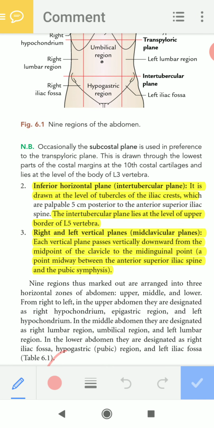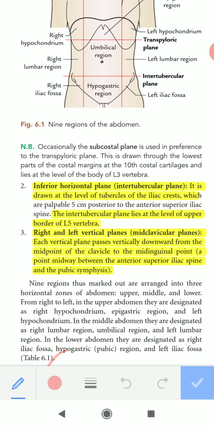And the intertubercular plane, we already told you, lies at the level of the tubercle of the iliac crest, opposite to the upper border of the 5th lumbar vertebra. And the vertical planes or mid-clavicular lines correspond with the midpoint of the clavicle above and the mid-inguinal point below.